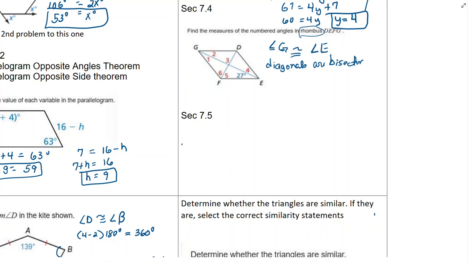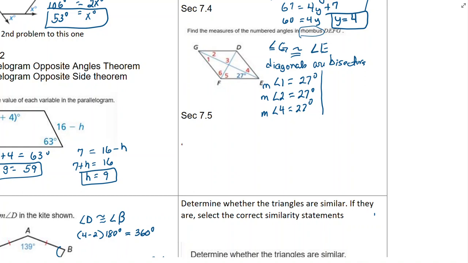So if we have one that's 27, then the measure of angle 1 is also 27 degrees. The measure of angle 2 is 27 degrees. The measure of angle 4 is 27 degrees. Now we know by what was given that we have angle FEG as 27.